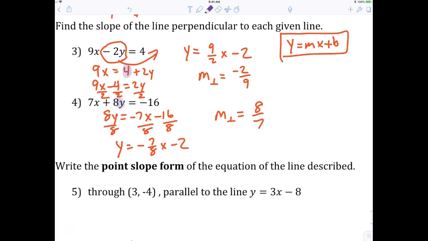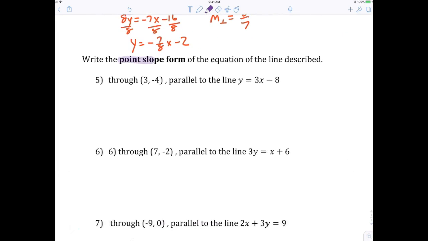If the y is negative, I move the y. I'm trying to create a y that's positive. Come on, I've done it 100 times now. I don't mind telling you, but that's exactly why. I want the y to be positive. If it's negative, I got to move it. Is it negative or positive on this one? So I leave it alone. I move the x over this time. All right?